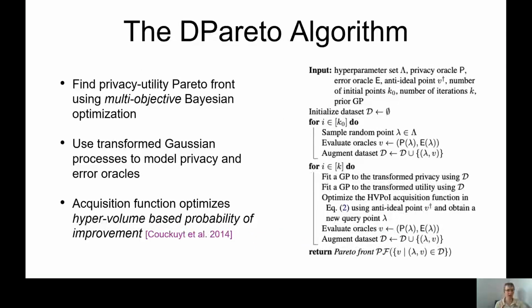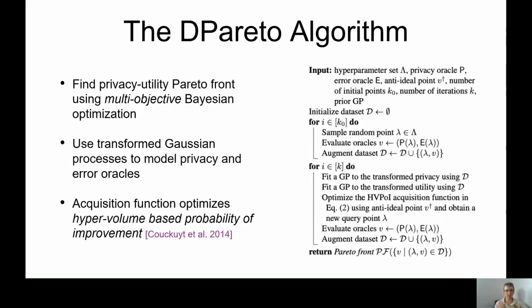Now we can explain the algorithm we designed to find the privacy utility trade-off. We call it, oh sorry, we call it d-Pareto, and it finds the Pareto front. In this case, it's a multi-objective Bayesian optimization because we're trying to minimize two objectives at the same time. We're trying to minimize the error and the privacy loss.